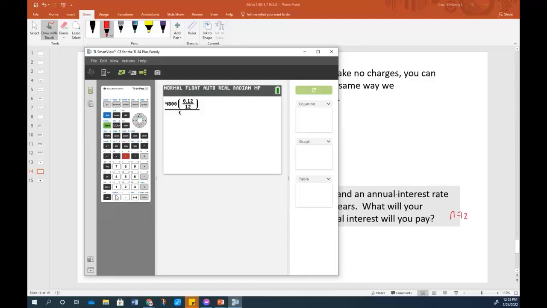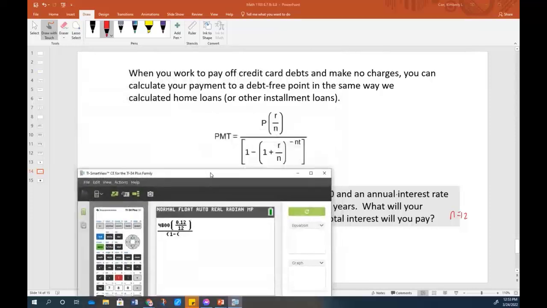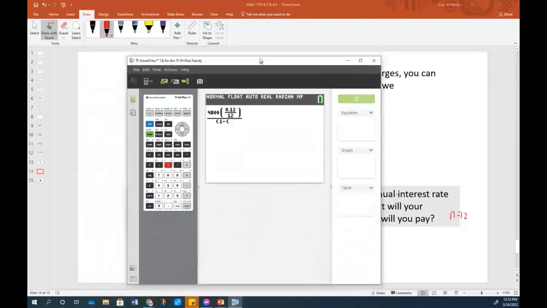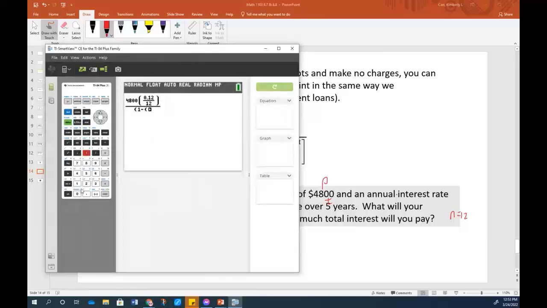And it's over parentheses 1 minus parentheses 1 plus R over N. So 1 plus the interest rate again, number of payments again, raised to the negative N times T. And this time I'm choosing 5 years.